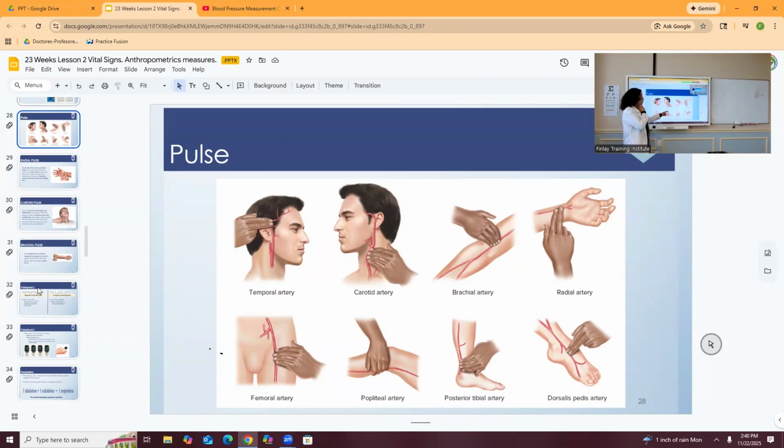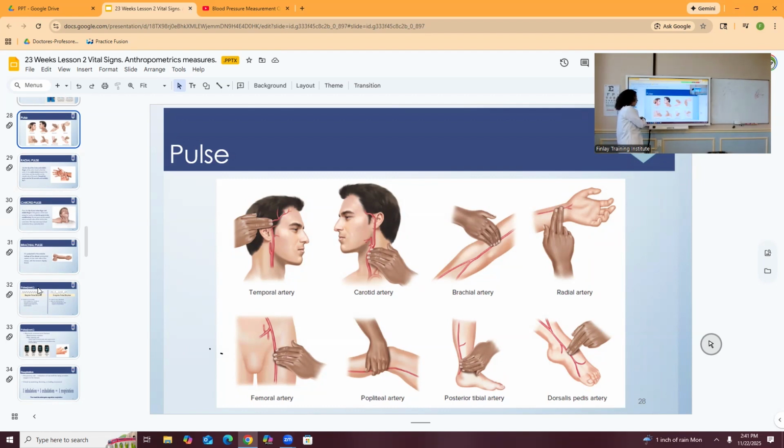This carotid artery is the second place most commonly used to feel the heart rate or the pulse. The brachial artery is the one that we use for the blood pressure. It's really exposed, really easy to find, so that's going to be our third place to look for the pulse.